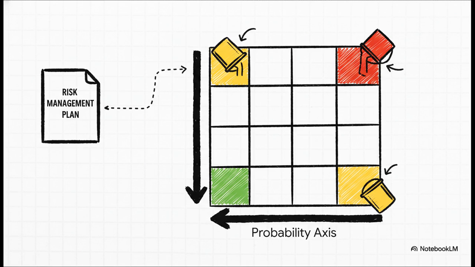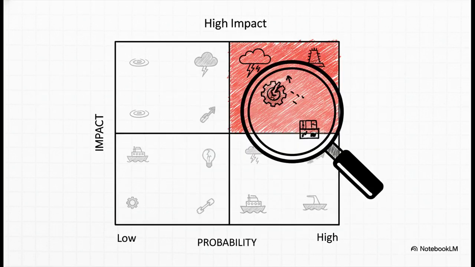The scales you use for probability and impact, and the exact boundaries for those color-coded risk zones, are not just made up on the spot. They are defined in advance during the plan risk management process, and they are formally documented in the risk management plan. They are a direct reflection of that stakeholder risk tolerance we just discussed. And this is the result. Any risk that lands in that high probability, high impact zone, usually colored red, becomes our #1 priority. These are the risks that absolutely demand immediate proactive response planning.